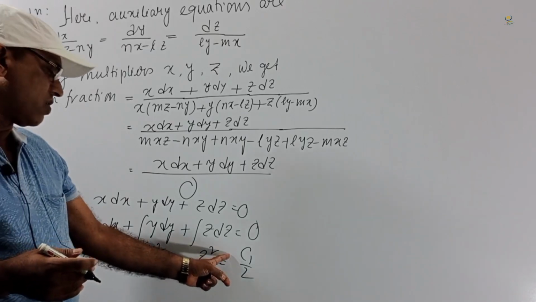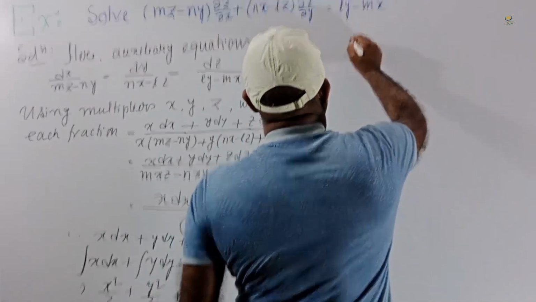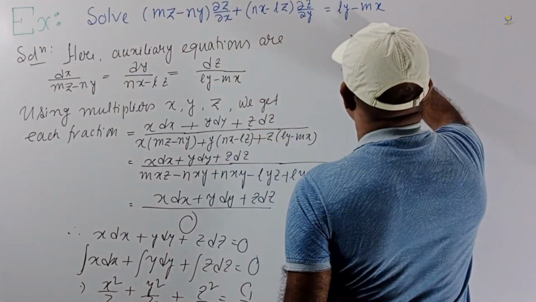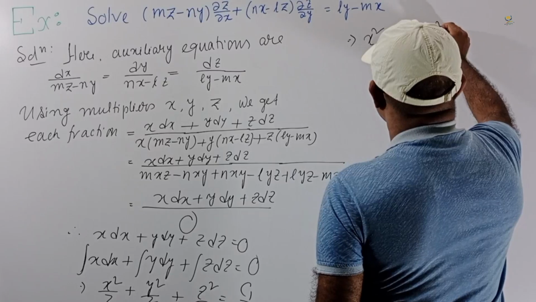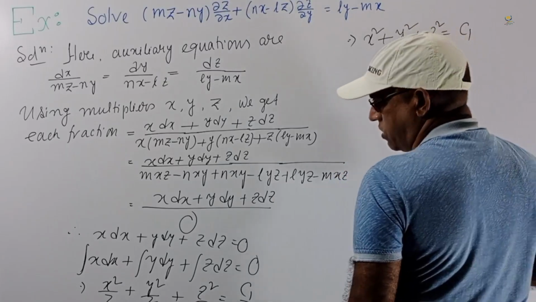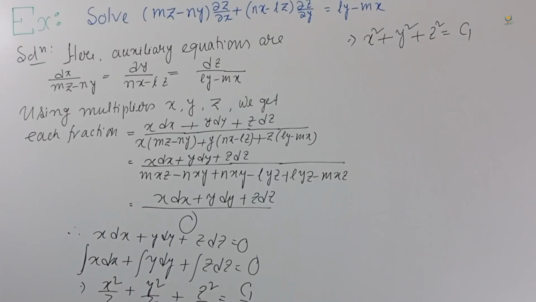Multiplying both sides by 2, we get x square plus y square plus z square equal to c1. This is the first solution.